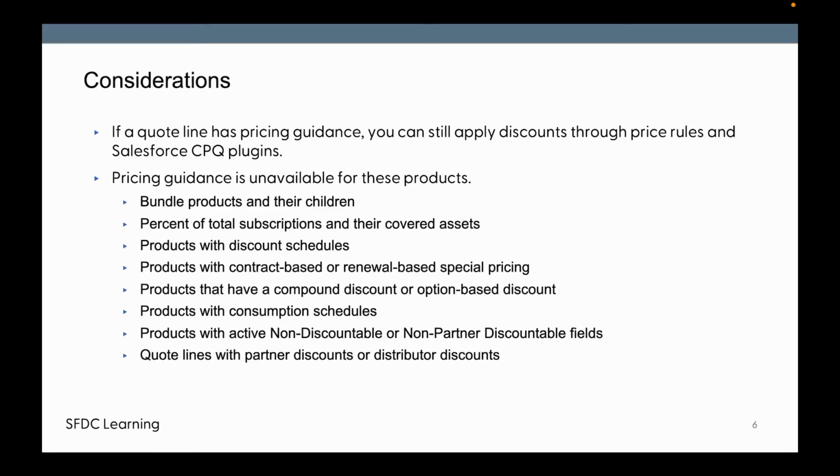The bundle product with children, percentage of total subscription and their cover asset, product with discount schedule, product with contract-based and renewal-based pricing, product that has compounded pricing or discount, compound with consumption schedule, product with active and non-discountable and non-partner discountable field, and quote lines with partner discount and distribution discount. So whatever product has this kind of attribute, you would not be able to provide a pricing guidance for the same. So we might have to understand this stuff first.